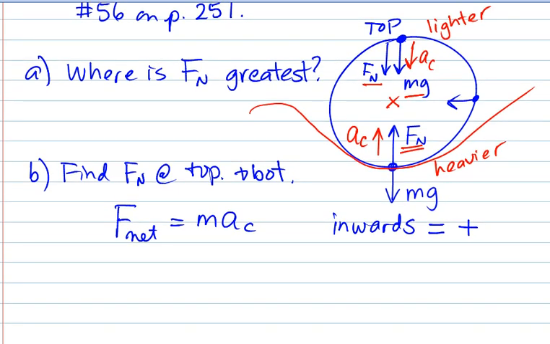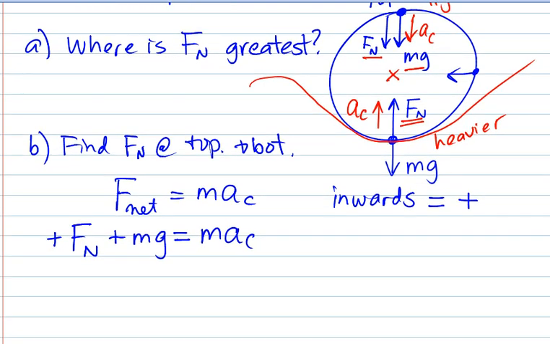At the top we have the normal force, which is pointing inwards, so it gets a positive sign, and we have gravity, which also points inwards, so it gets a positive sign. So we can calculate that the net force on the left side is normal force plus gravity, and on the right side is the result of that, the centripetal acceleration times the mass.